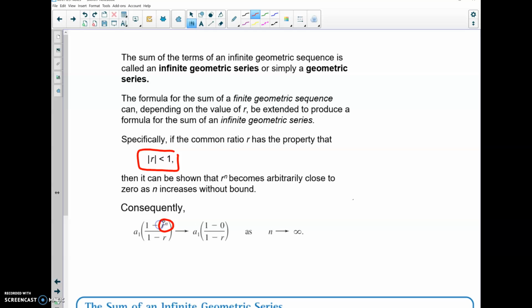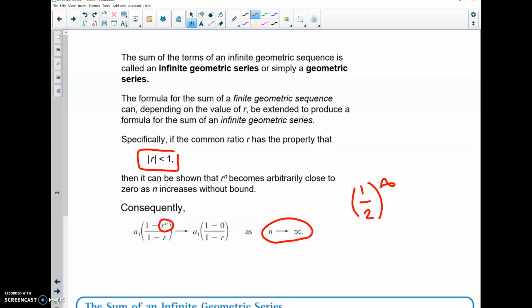Looking at this term right there, if r is less than 1, so think of a fraction 1/2. If you are doing an infinite sum, so n is going to infinity, that 1/2, I just made up a problem here, that 1/2 going to infinity.